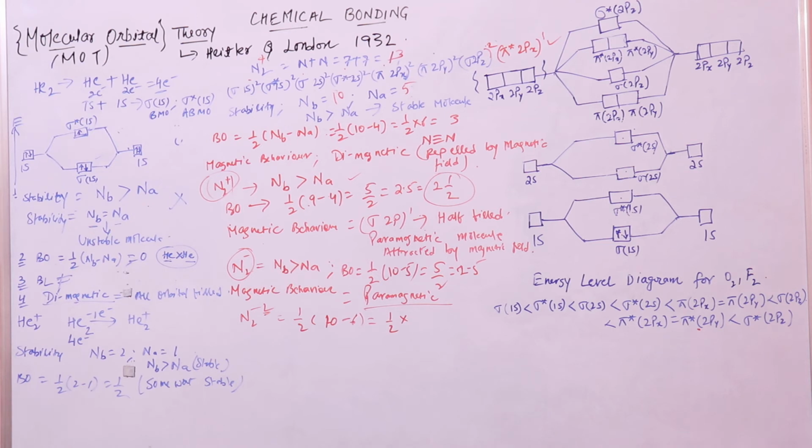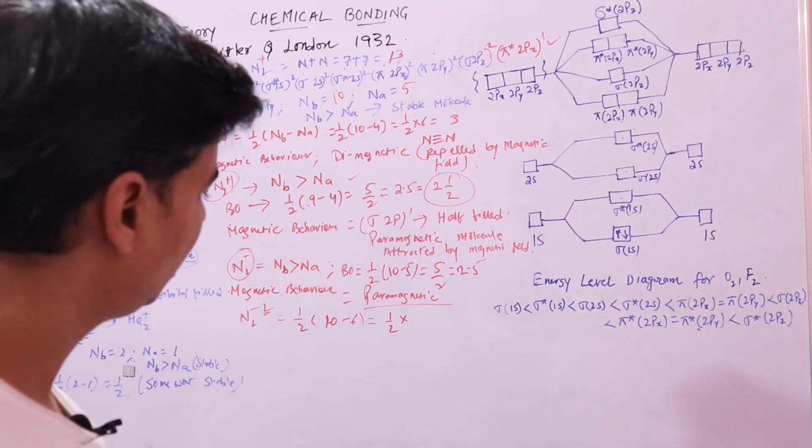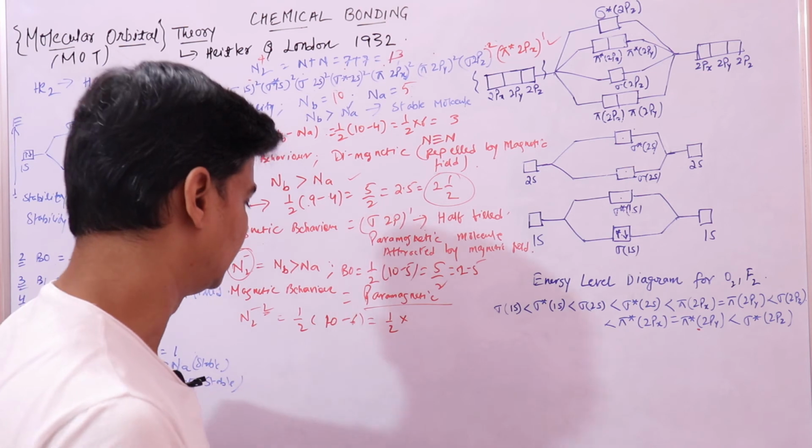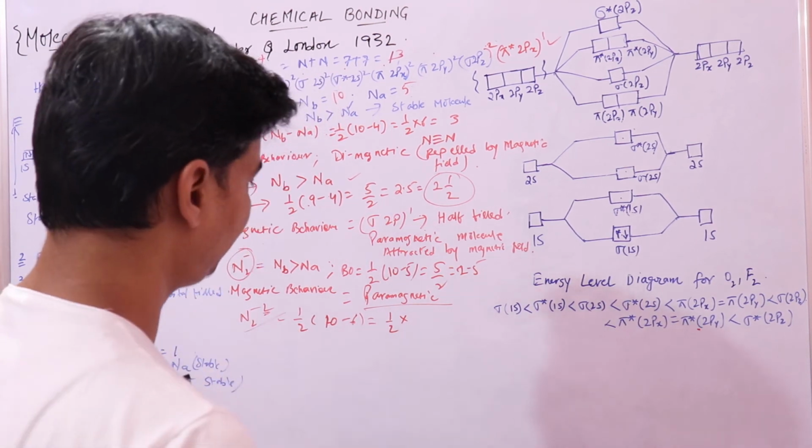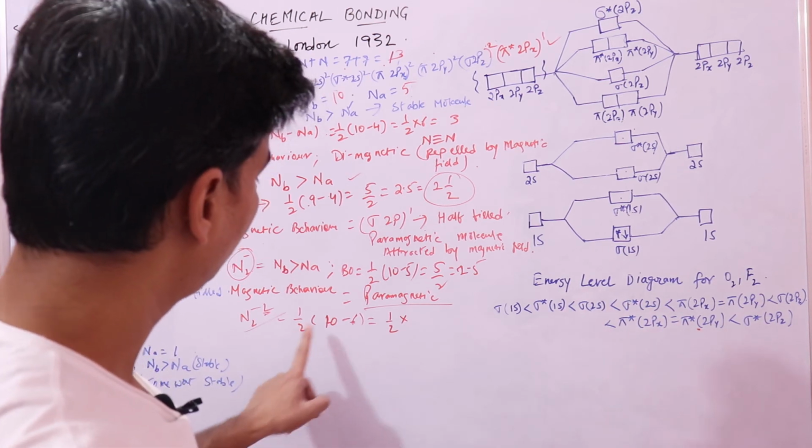So I hope this is clear. We will do one more molecule. We will do it for the oxygen molecule as well. So just remember that this is still a paramagnetic molecule.